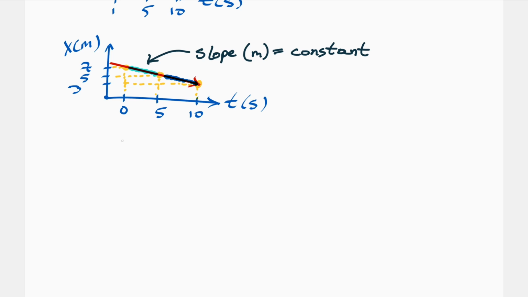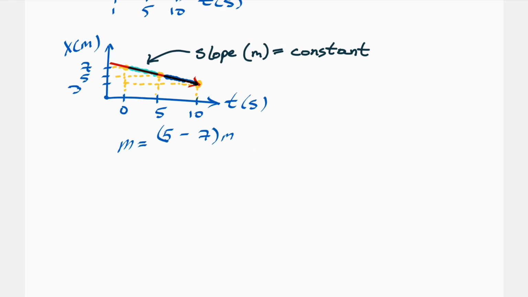So slope, m, is equal to x final minus x initial. So x final was 5 meters. So rise over run. So 5 meters minus 7 meters. And I'm going to put the meters out on the side. 5 meters minus 7 meters.